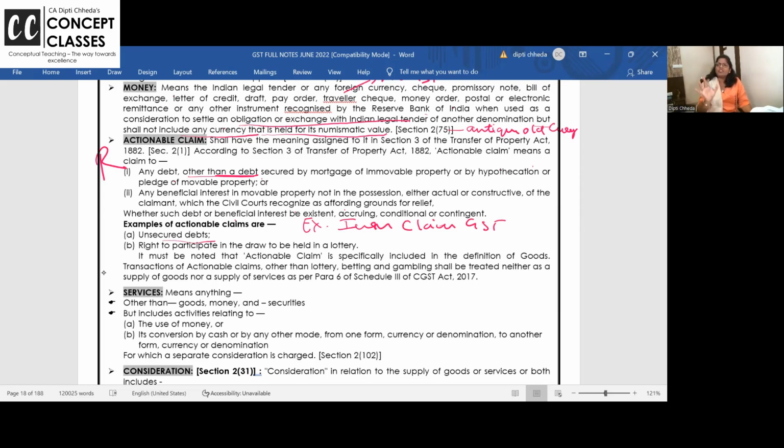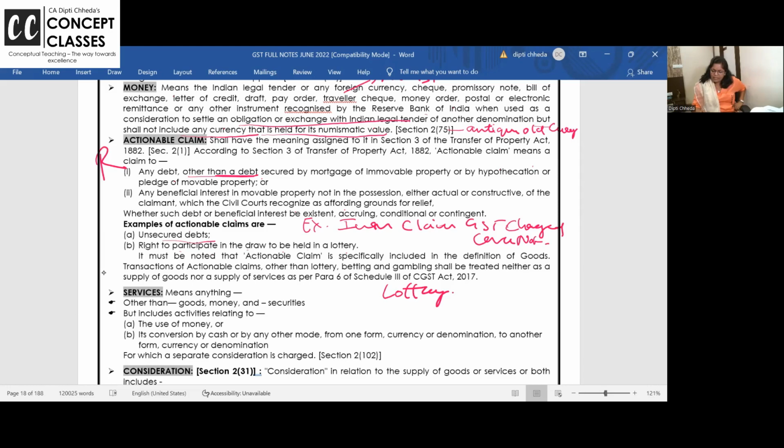The insurance cover note, it's called a cover note. Is it an actionable claim? Yes, GST is charged. Lottery, GST is charged. Lottery is an actionable claim in GST. Except this, generally GST is not charged. It's written here: right to participate in the draw.